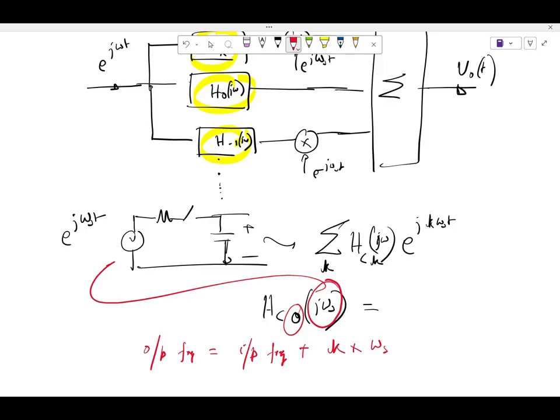So when I am finding H0 at the output, which frequency am I looking at? At omega s I am looking. So in this network, what is the strength of the output at omega s? Think about it. It will be 0, right?